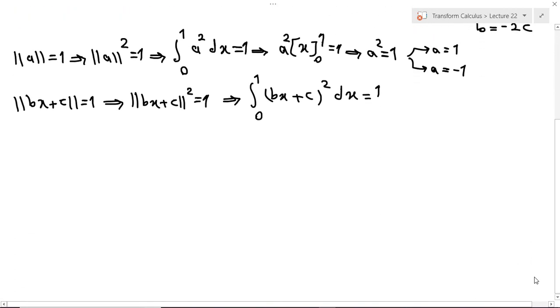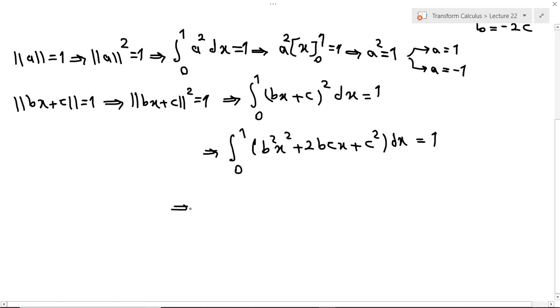So we have the integral from 0 to 1, b squared x squared plus 2bcx plus c squared dx, should be equal to 1.